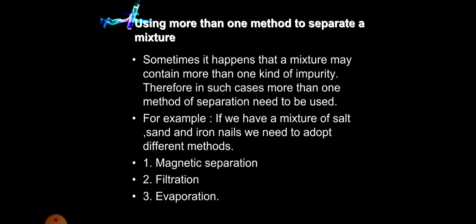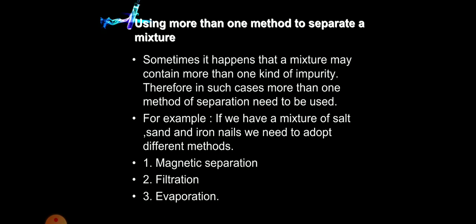Now our last point of the chapter is which method needs to be used when a mixture may have more than one kind of impurities. Sometimes there are too many things. If by mistake something falls on the ground and it's a mixture, and something else also falls on the ground, both things will get mixed together.